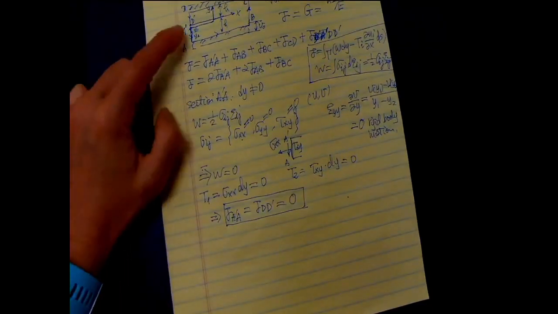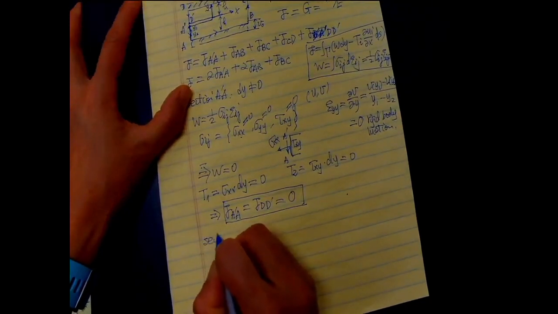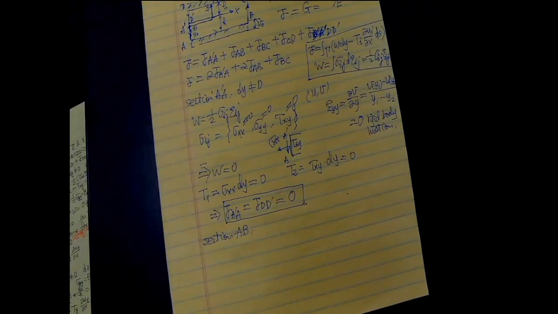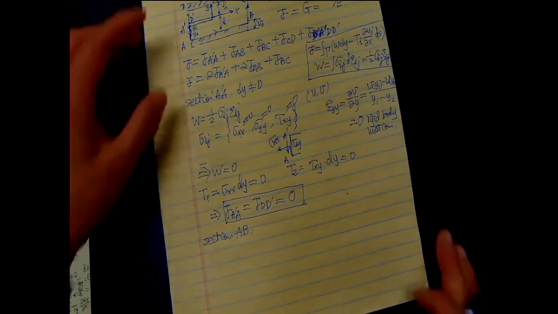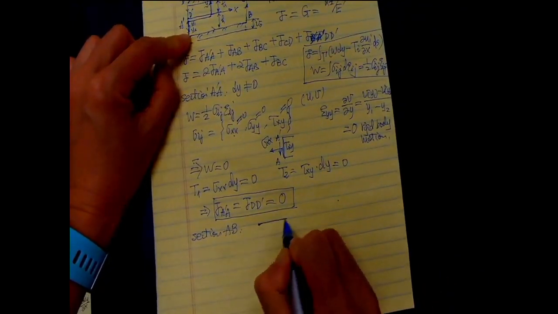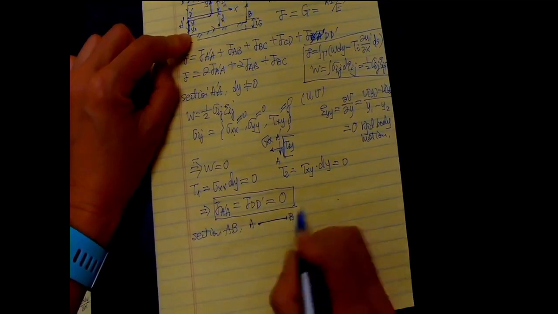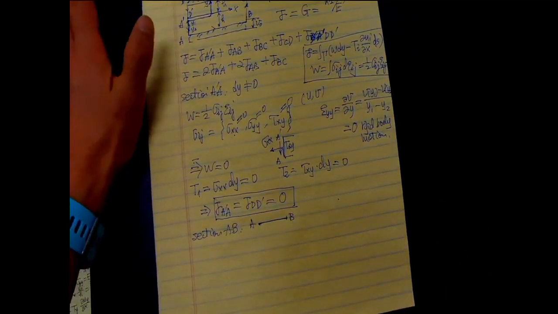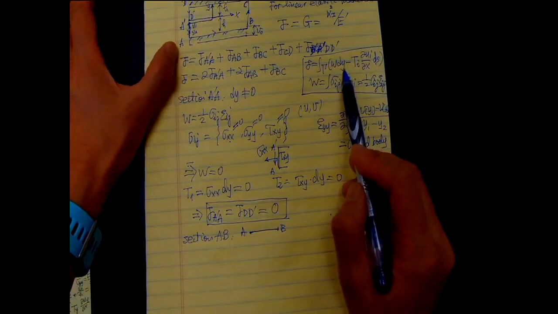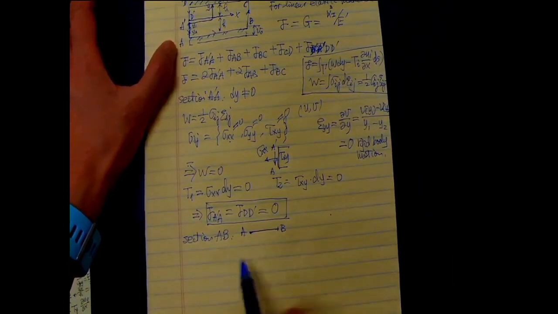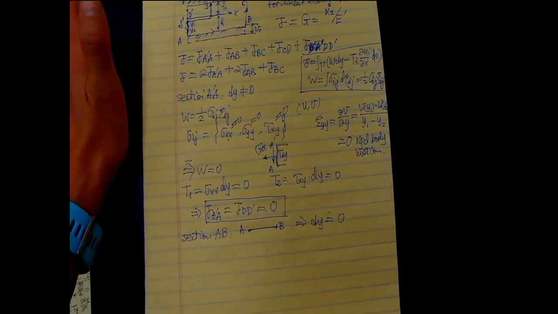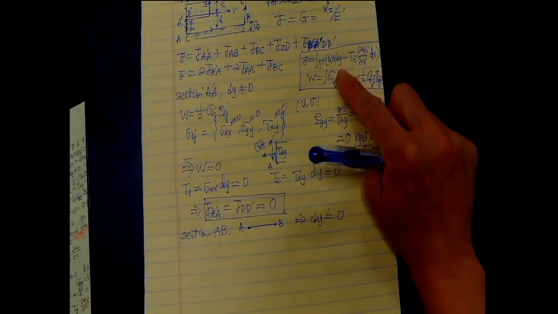Okay, so that's for the first section. So let's look at the section AB. Just to prevent confusion, I'm going to draw this over here. My x is horizontal, my y is perpendicular. Now I have a horizontal line, so that means my dy is equal to 0. So I don't need to worry about the first term at all.